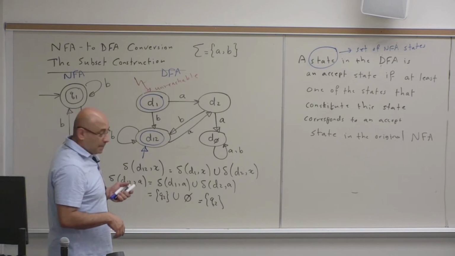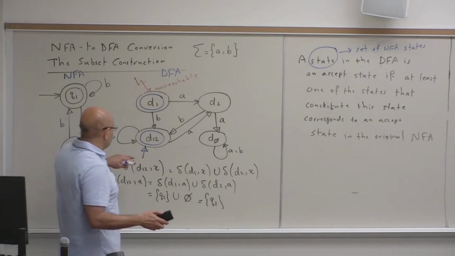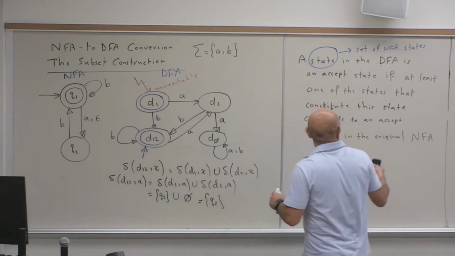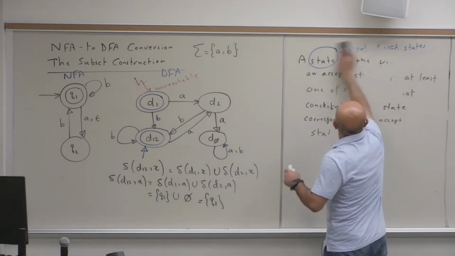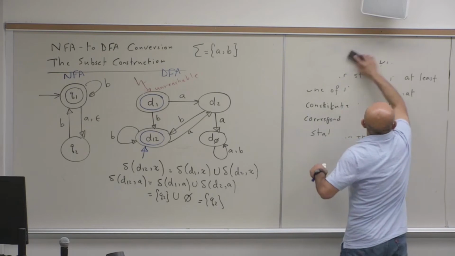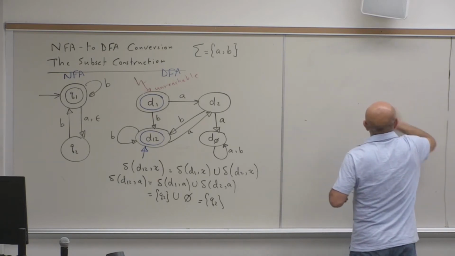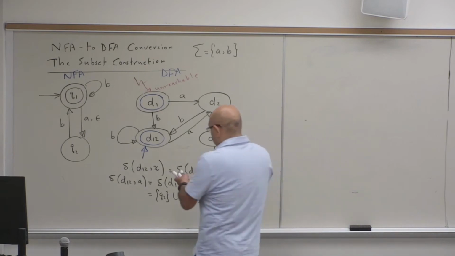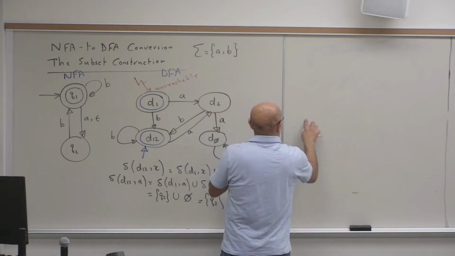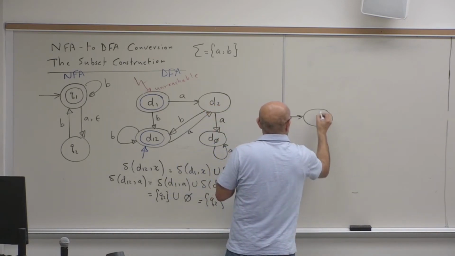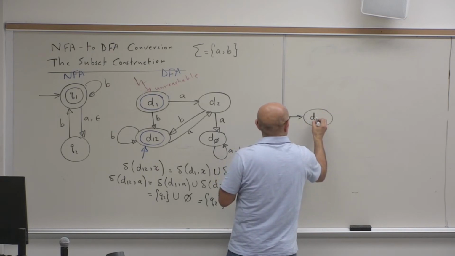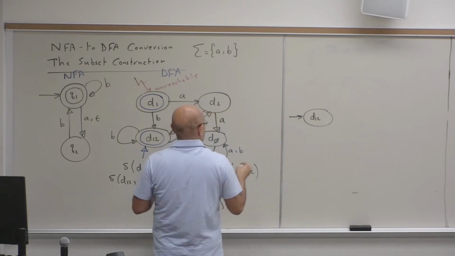So in order to simplify things, to consider the minimal DFA, we just do this. D12, which is an accept state.